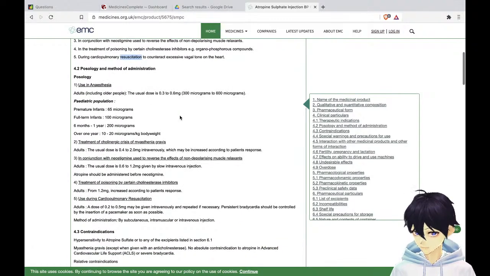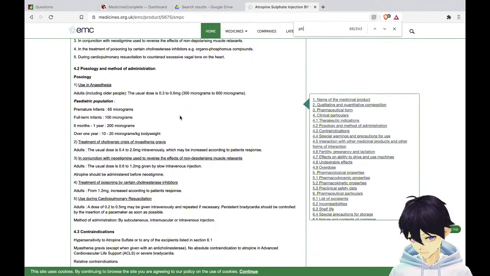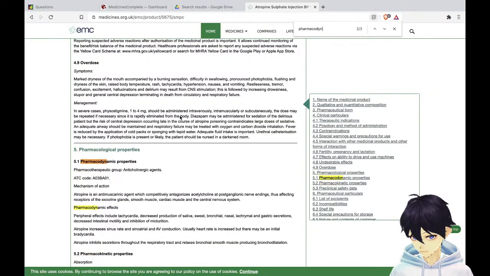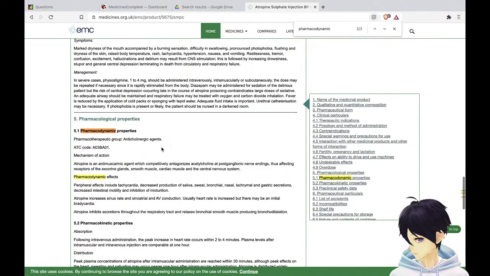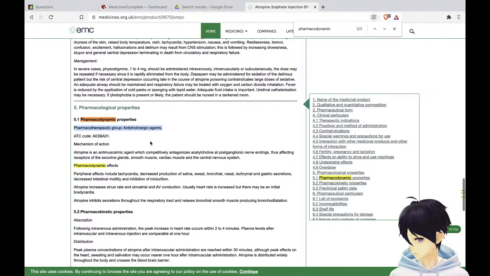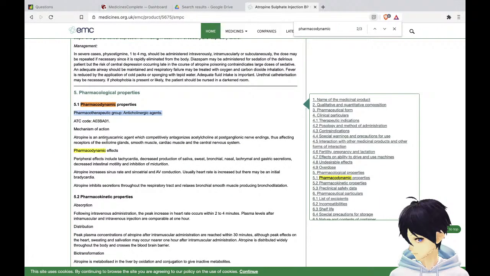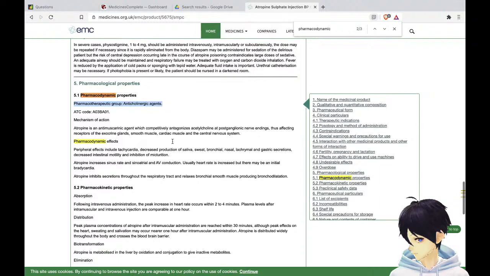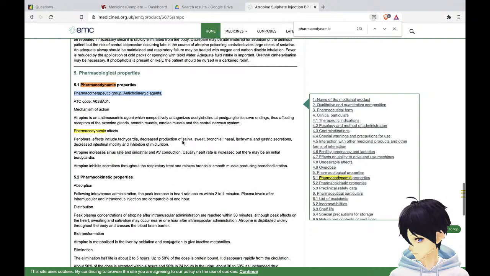Let's look at pharmacodynamics. It's an anticholinergic. Atropine is an anti-muscarinic agent which competitively antagonizes acetylcholine at postganglionic nerve endings, thus affecting receptors of the exocrine glands, smooth muscle, cardiac muscle, and the central nervous system.